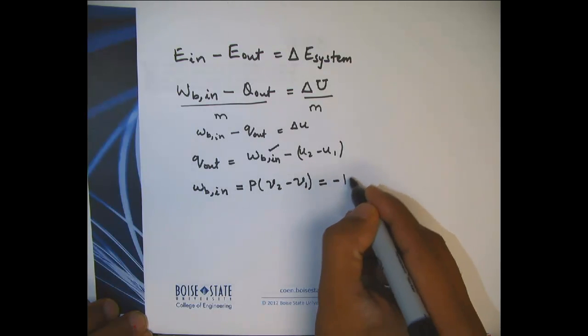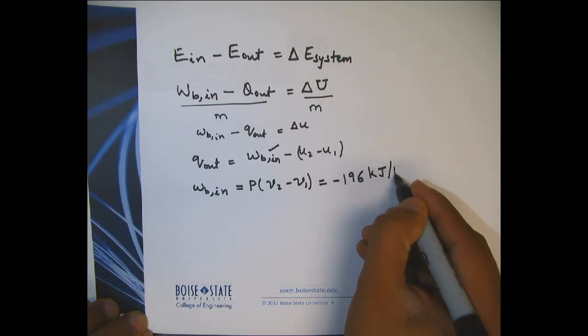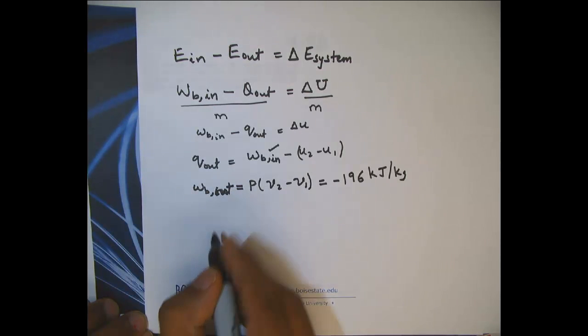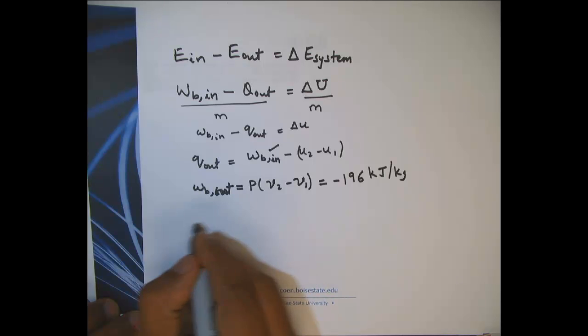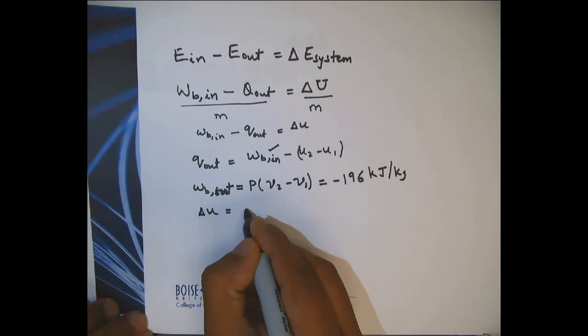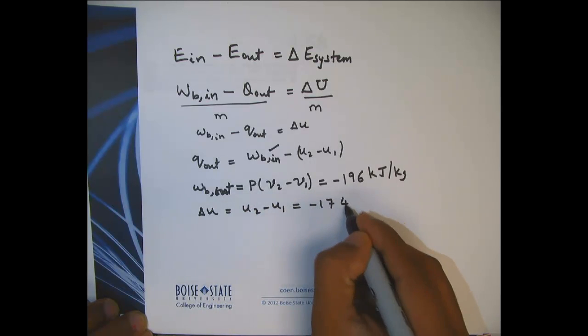If you do the math, it would be negative 196 kilojoule per kg, and I should probably write this as w out.